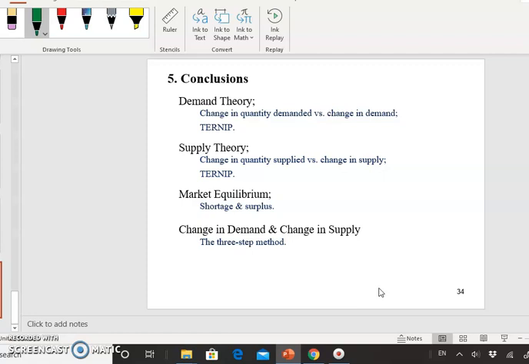Of course there are more details over there, but for a macro economist, once we know inelastic demand means a very steep curve on the graph, and the elastic demand means a flat or flatter curve, that should be good enough. So we're not really going to spend more time talking about chapter 5.